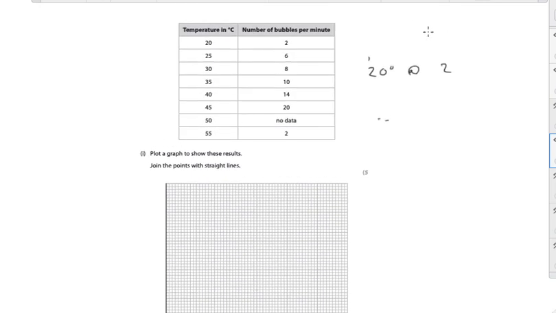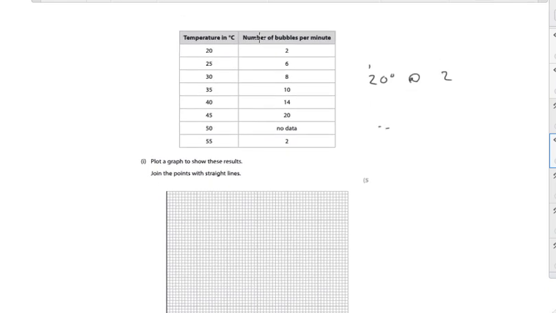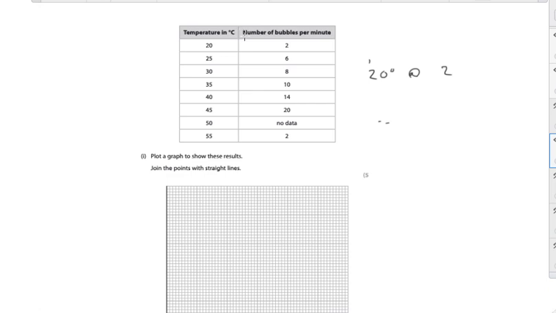So, temperature in degrees C and the number of bubbles per minute produced in an experiment. I've cut off what this experiment is showing, but I just want to show you how to do a graph, because there's always graph ones.